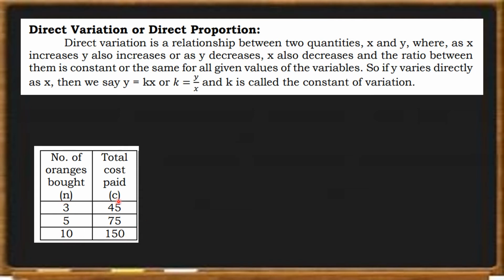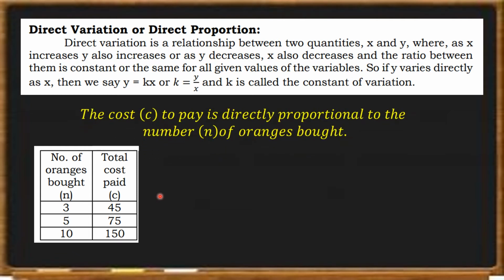So this is your representation, the variables: number of oranges, and cost C.